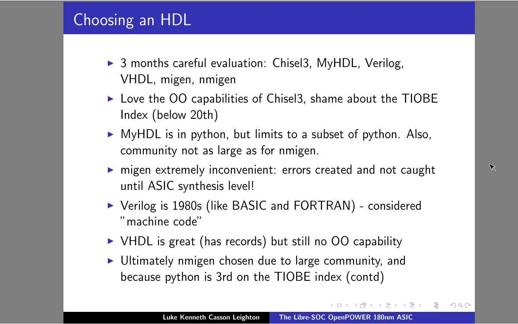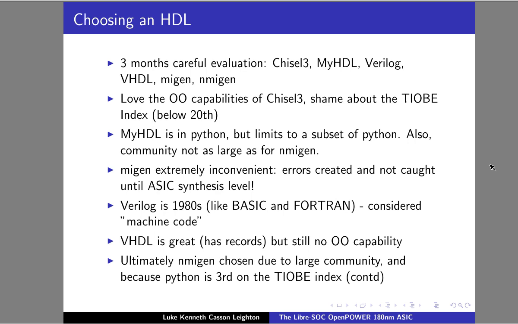It creates Verilog where it doesn't check any of the errors for you, and you're working at a level of abstraction where you can't even catch the errors until the ASIC synthesis level, which could be 48 hours down the chain, and you have a 4 or 5 hour runtime on producing the GDS2 files, and it fails out. So that's just no.